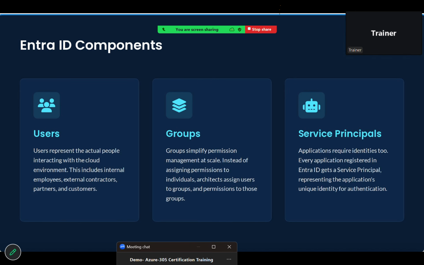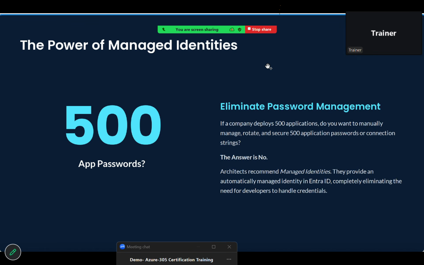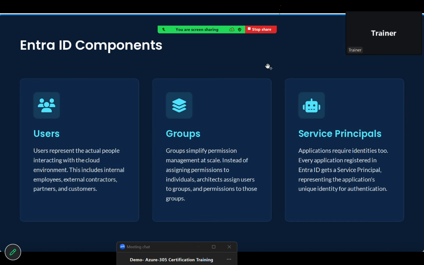Every application registered in Entra ID gets a service principal, which represents the application's unique identity for authentication. And what about managed identities? Managed identities eliminate password management, and this is one of the most important recommendations.